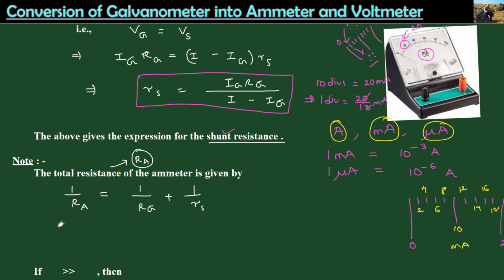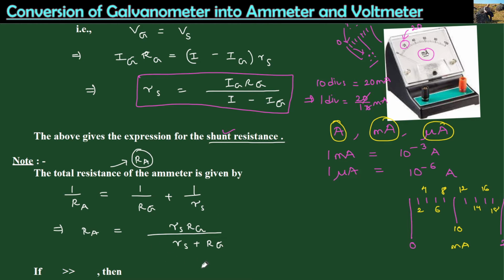If you work out the math, Ra will be equal to Rs Rg divided by Rs plus Rg. This is our equation.